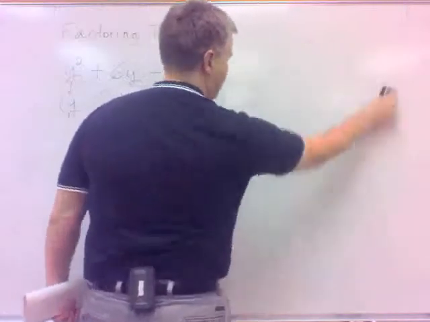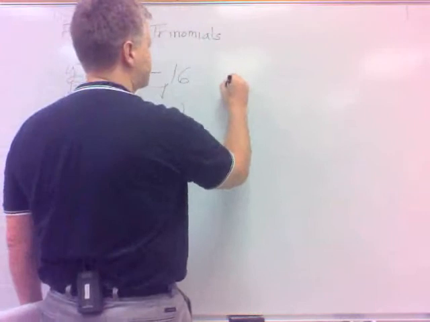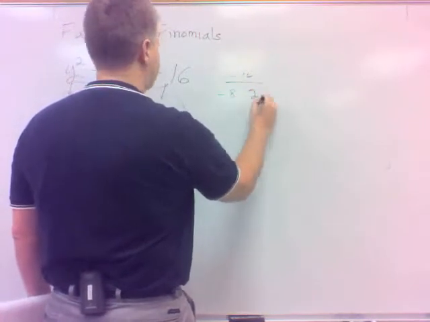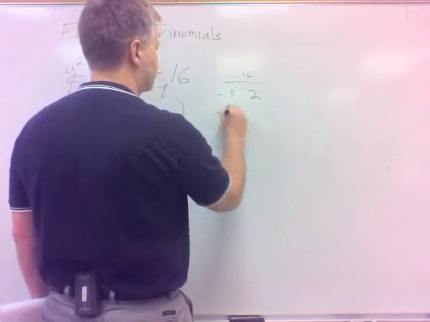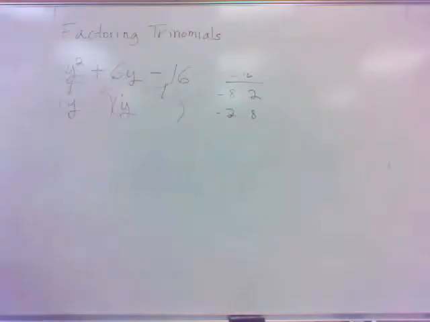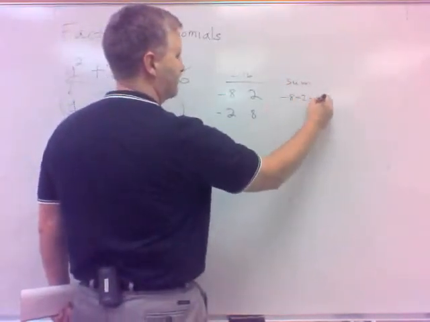8 and 2. 8 and 2 gives me 16, but again, it's a negative 16. So I could go a negative 8 and a positive 2. But I could have a negative 2 and a positive 8. And, you know, there are others too, but I think we're pretty close with those. Which one is it? Yeah, if you sum those together, these give me a negative 6.